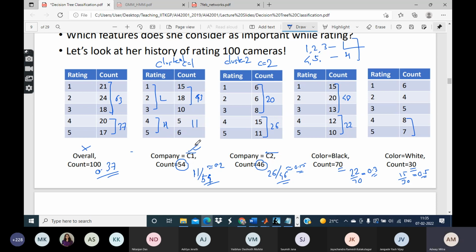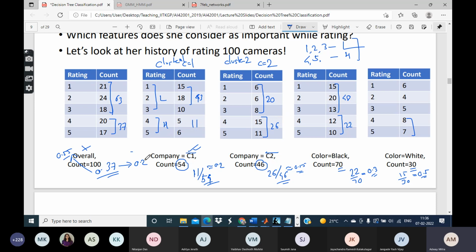And it does seem, yes, it did change. In one case, the probability of high rating went down from 0.37 to 0.2. In the other case, it went up from 0.37 to 0.55. Right?